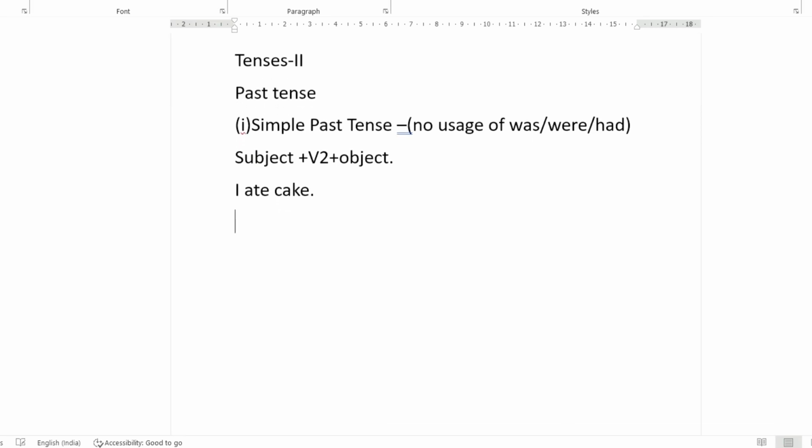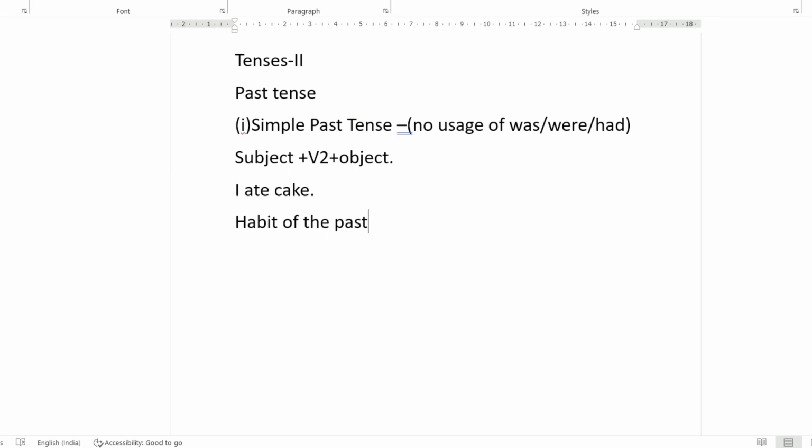Okay. Now, where is simple past tense used? Simple past tense is used to show a habit of the past, something which used to happen regularly in the past. For that, we use simple past tense.